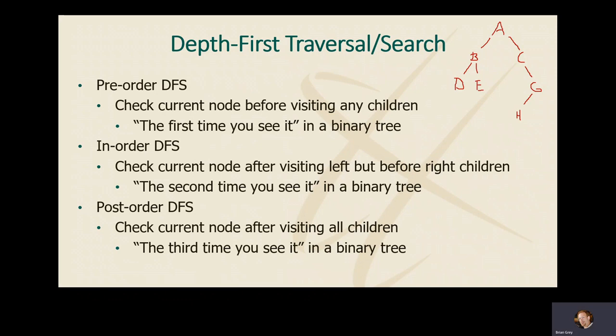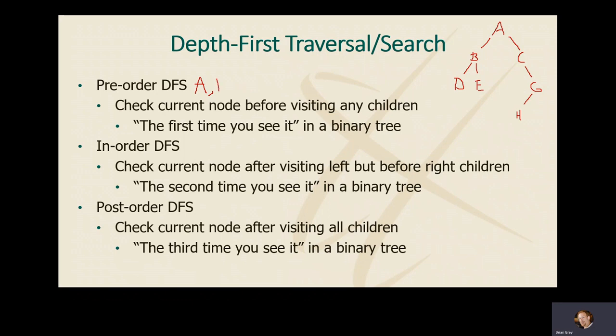So if we do pre-order, we're gonna start at the root and we're gonna check before we see any of our children. So we go A, right, and we check that immediately. Then we look at our children. Well, we go B, right?